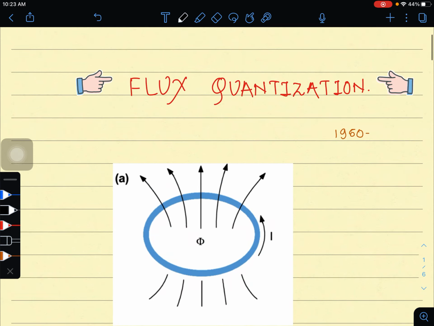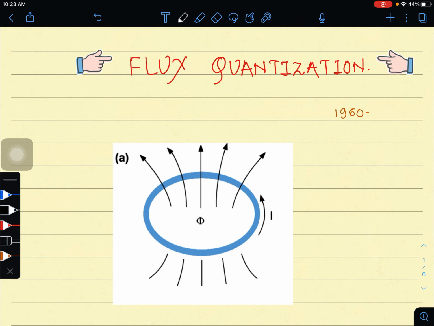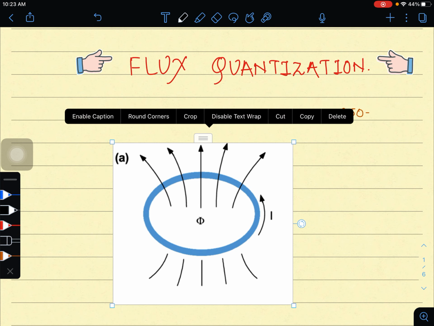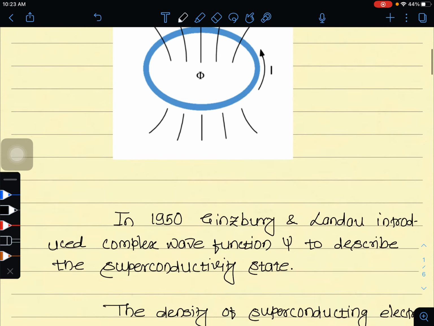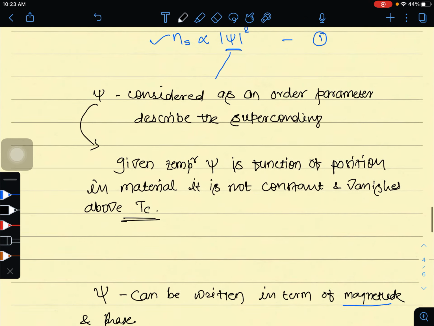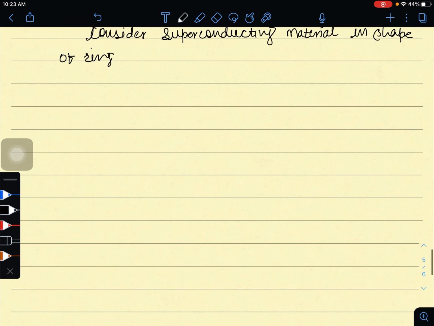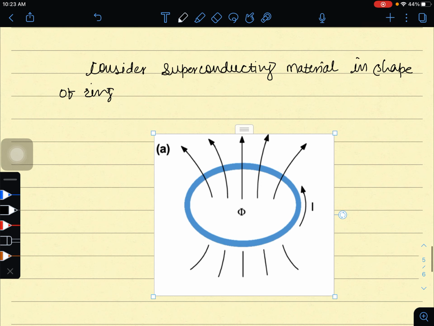I copy this figure here. Looking at that figure, we see the ring-like shape, and this is one kind of closed loop.